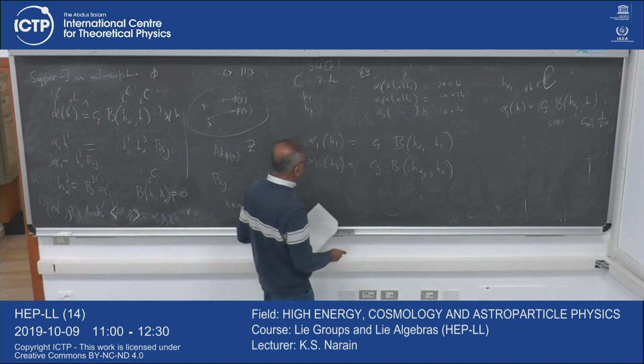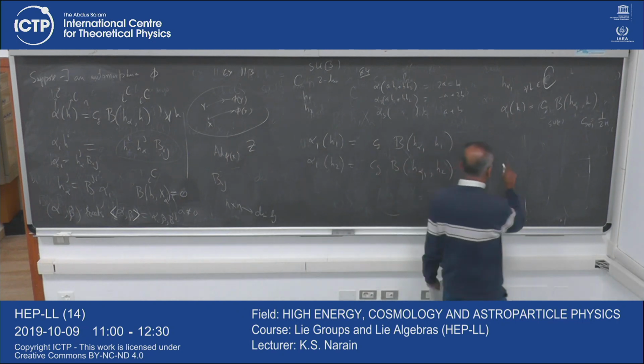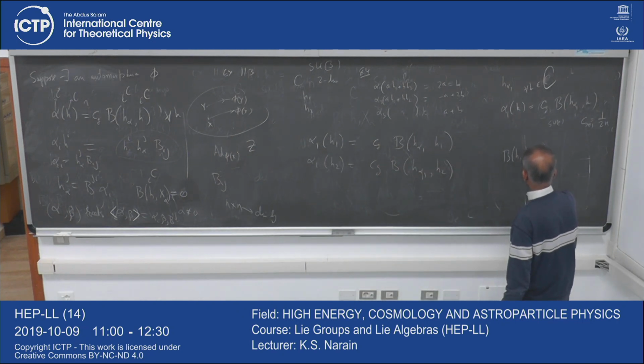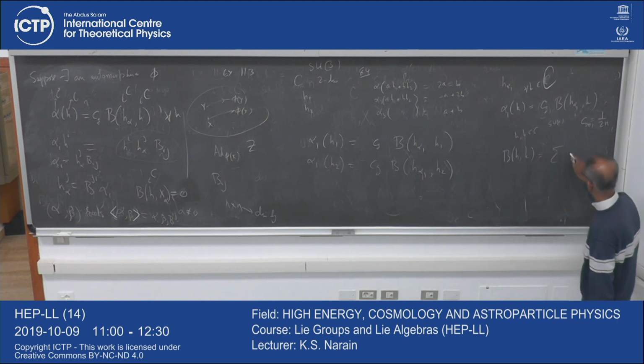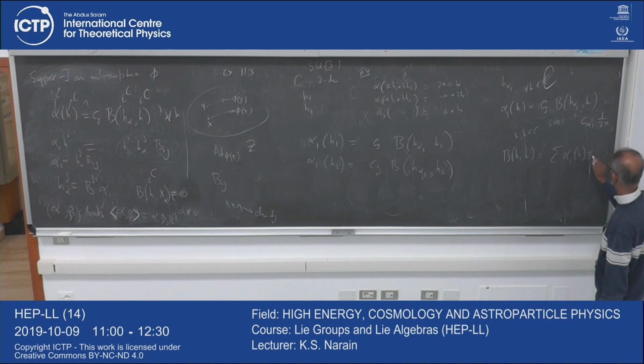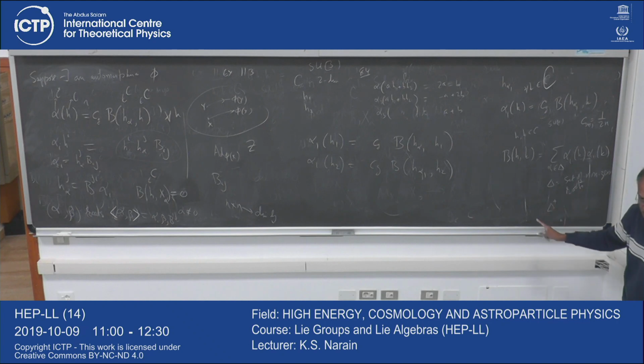To see this, remember from the exercise that B of h and k, where h and k are both in the Cartan, was nothing else but the sum over all roots of alpha of h times alpha of k. Delta is the set of non-zero roots, and delta plus is the set of positive roots.